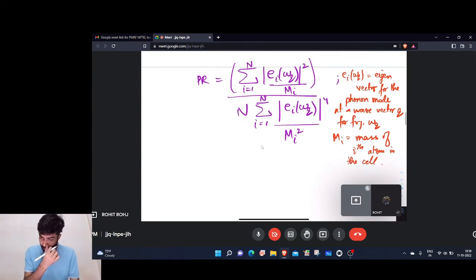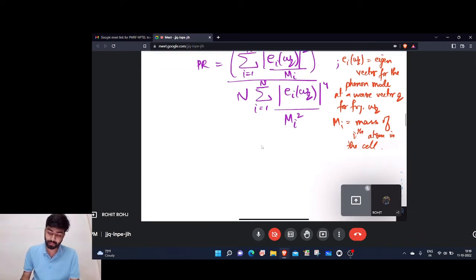So this participation ratio tells how much percentage of the atoms are actually participating in transporting heat from one part to the other, and as I've already mentioned, it is extremely important in the field of thermoelectrics.